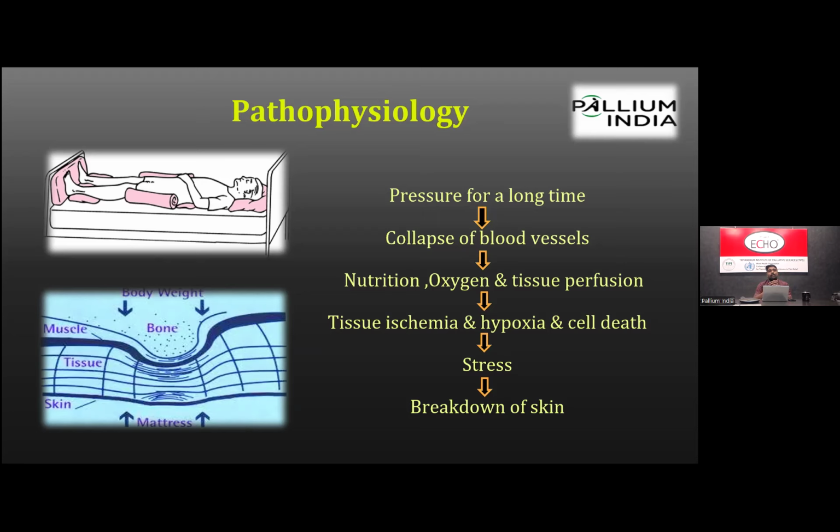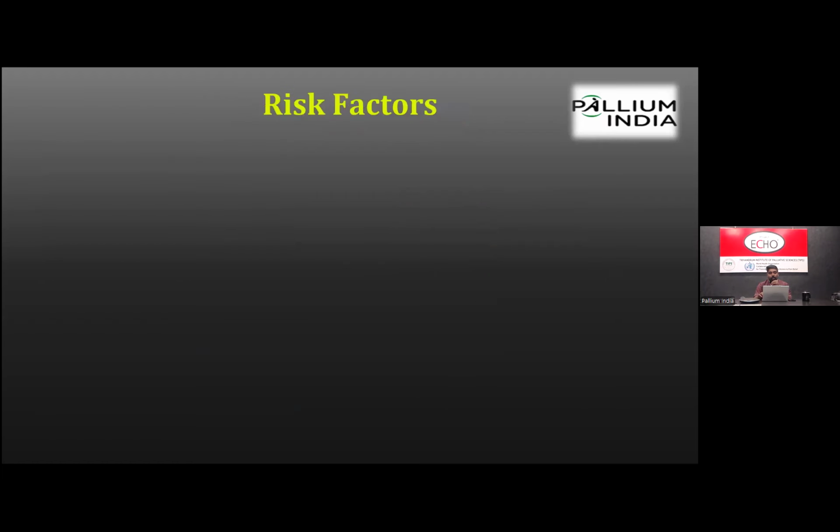Because of that, the tissue becomes ischemic with hypoxia, and at last the cells die. The dead cells covering the skin, because of the stress and tension, break down and open up. Once the superficial skin is lost, gradually the wound progresses in depth.